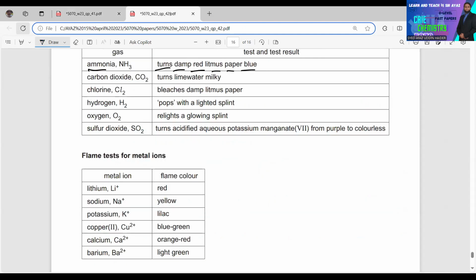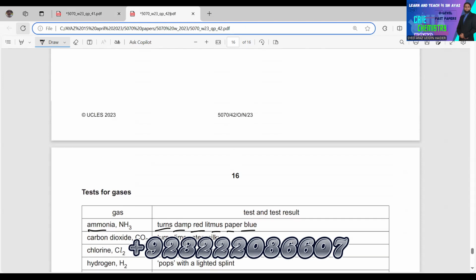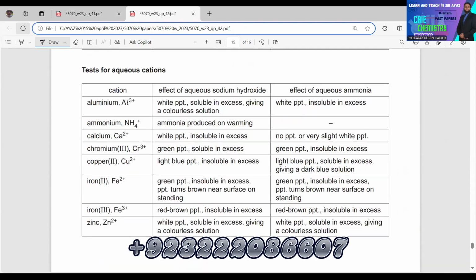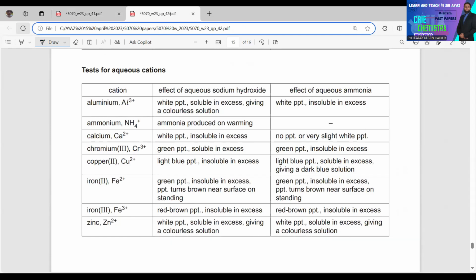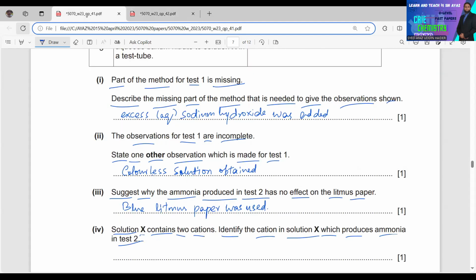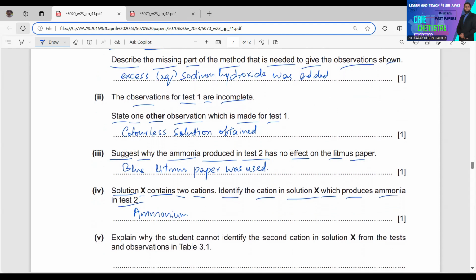If you look at the tests here, it's only one ion which produces ammonia on warming with sodium hydroxide, and it is ammonium, that is NH4 positive. They ask to identify the cation which produces ammonia, so you write ammonium here.